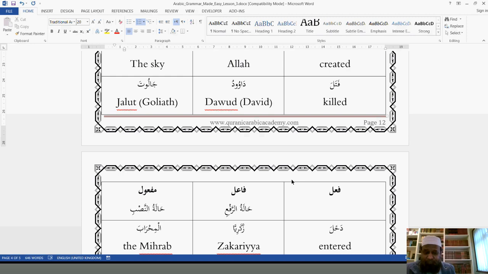The role it is playing. So Zakariya is playing the role of the doer, and doer is always halatul rafa. So halatul rafa, later on when we go to learn i'rab in more detail, we will learn more things over there. That it is the shape, okay? Sometimes we'll see the i'rab with haraka, sometimes we see the i'rab with letters, and sometimes the ism will stay the same. It will not change. But it is the position.